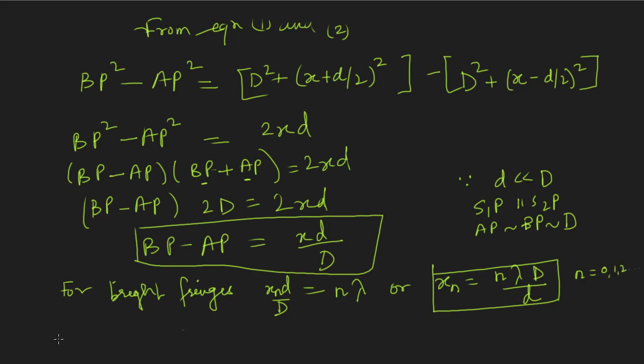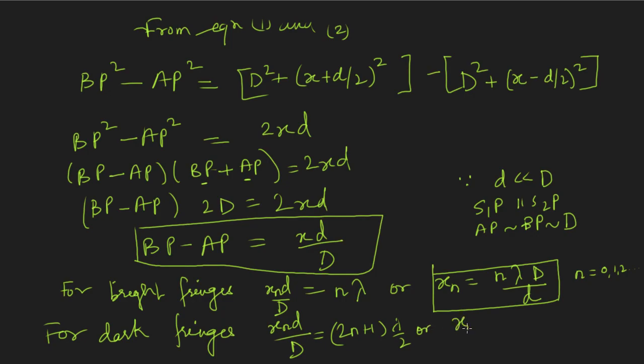For dark fringes, the same path difference I can take as odd multiples of lambda by 2, or I can get the position of dark bands as (2n plus 1) lambda D by 2d, and so on.